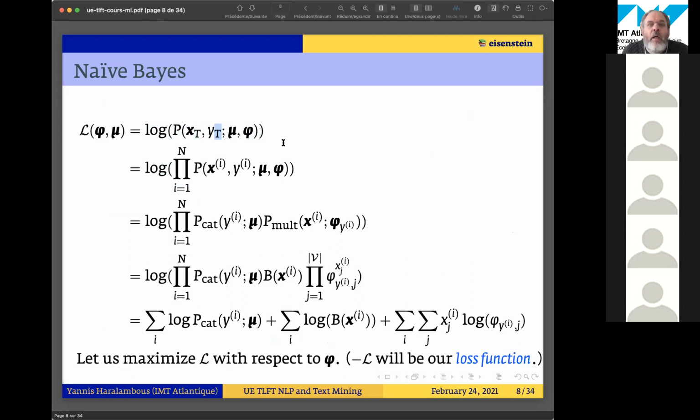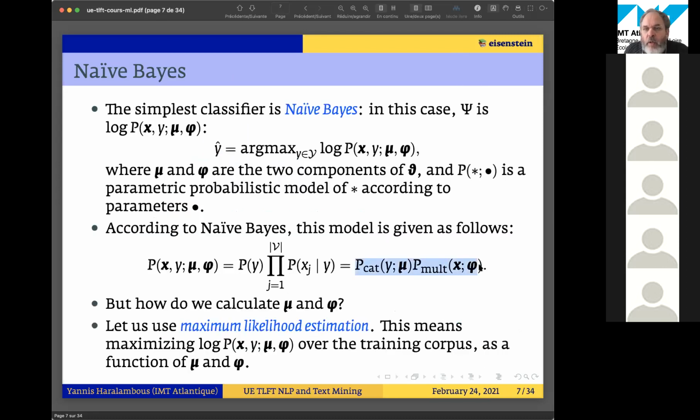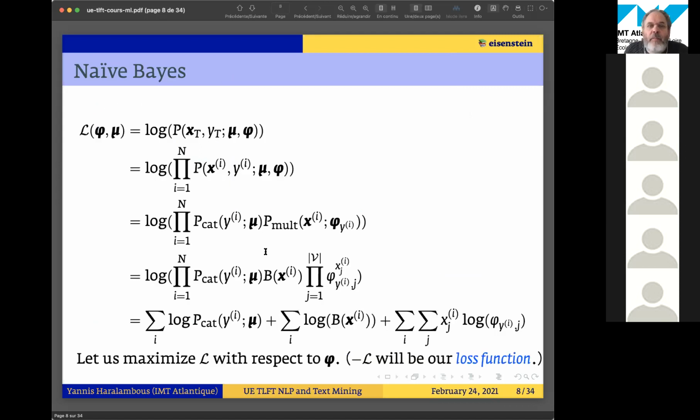And here, parenthesis i means the ith document. So here, the product is over the documents of the corpus. So the probability of the whole corpus is the product of the probabilities of each document. And for this one, I have the formula. Here is the model I have chosen in naive Bayes, product of categorical multinomial.